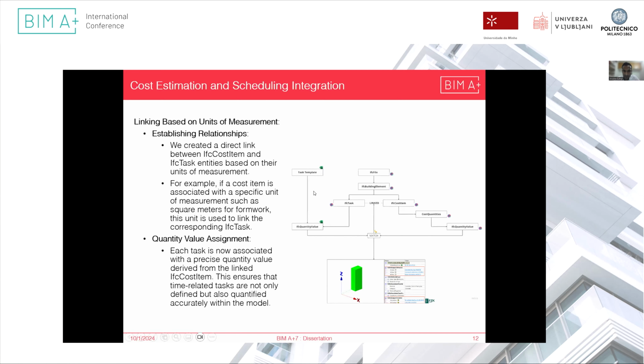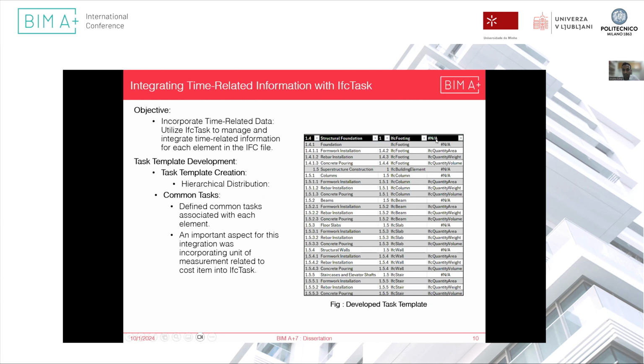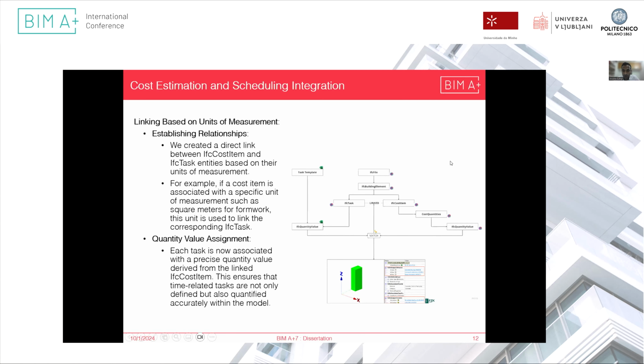And the task template which we developed in the previous slide, we have the IFC quantity values over here, like IFC quantity area, IFC quantity weight. So once these IFC quantity values from IFC cost item are matched with IFC task, then the cost item and the IFC task are linked together.